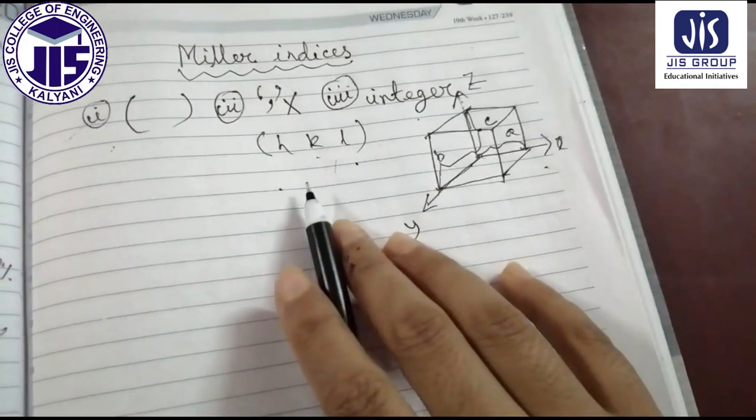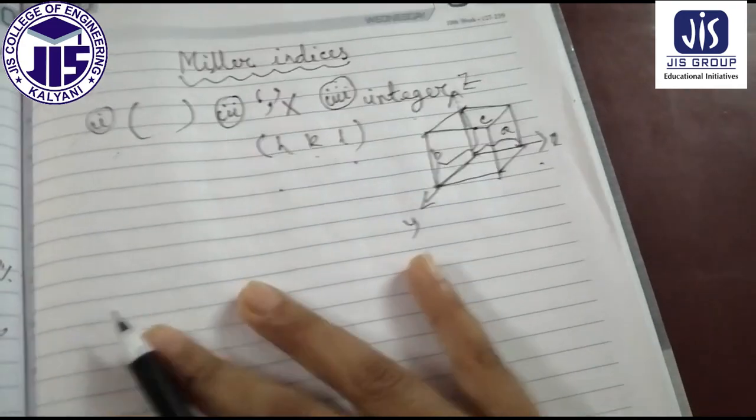Now, what is the relation between this ABC and HKL?